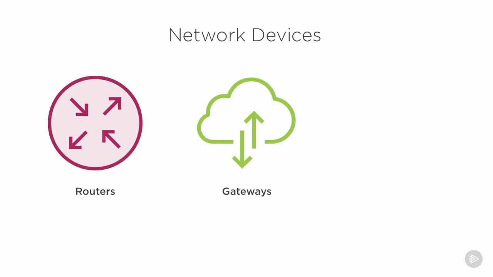We also have gateways. A gateway is something that operates at the perimeter of our network, where, just like a gate through a fence, we have the ability to monitor and in some cases prohibit or allow data to go through that perimeter gateway. We have things like application gateways.